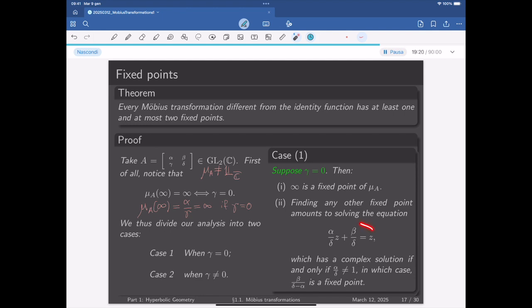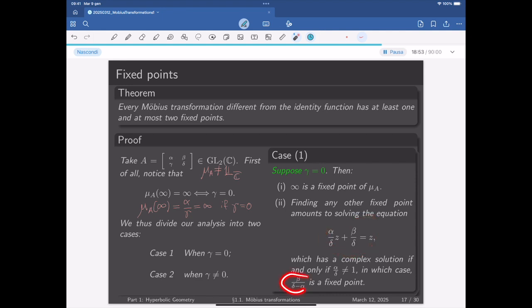Okay, and then solving this equation, this one has solutions if and only if alpha divided by delta is not 1, and in this case, this is the other fixed point. The point is, this is an equation of degree at most 1. That's the whole point, which has at most 1 solution.